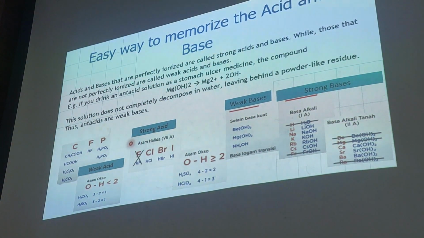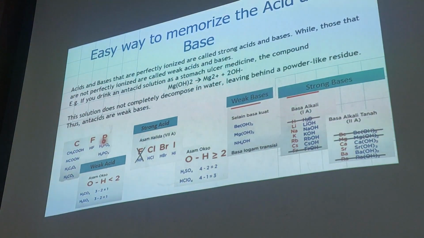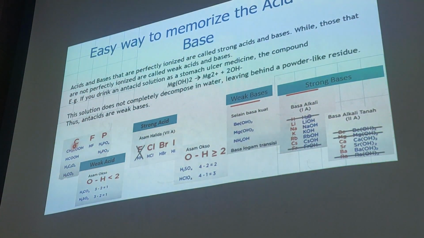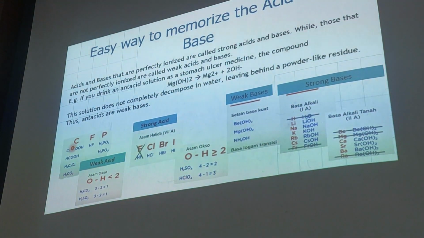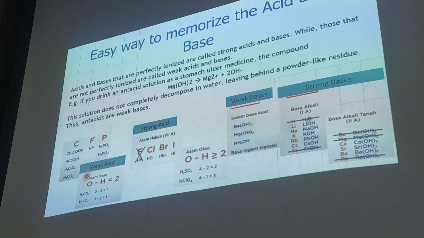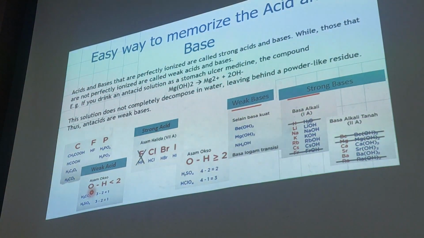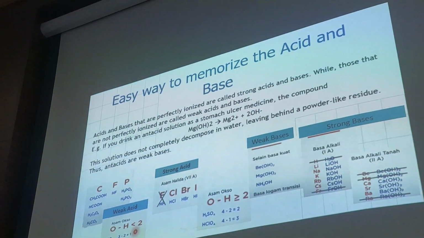So the easy way to memorize this is CFP: a compound that contains the atom C, F, or P is always a weak acid. And we can know it is a weak acid when the number of oxygen atoms minus hydrogen atoms is less than 2.